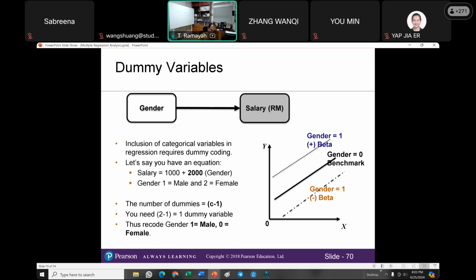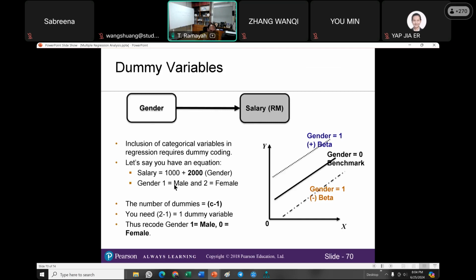For example, here we have gender as a dummy variable. If you have 1 equals male and 2 equals female, let's say you want to regress gender against salary. When you run this analysis, you get an equation, salary equals 1,000 plus 2,000 times gender.